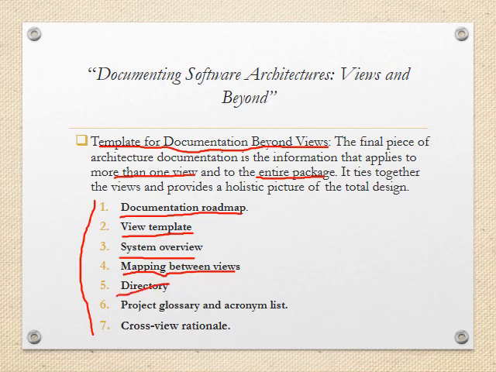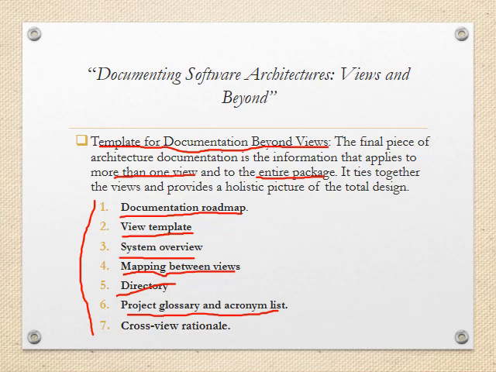Number 5, directory. The directory is simply an index of all the elements, relations, and properties that appear in any of the views, along with a pointer to where each one is defined. So it is a list or index of every element, relation, and property in the views, along with who is using it and how they are defined. Number 6, project glossary and acronym list.